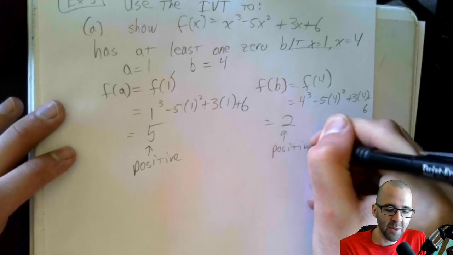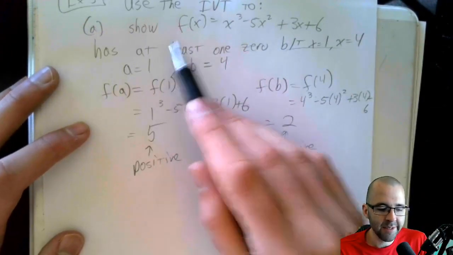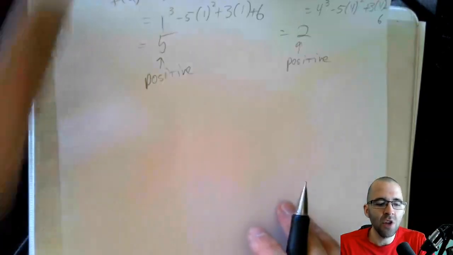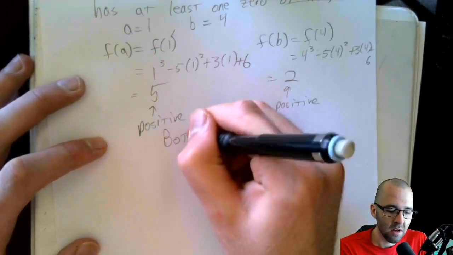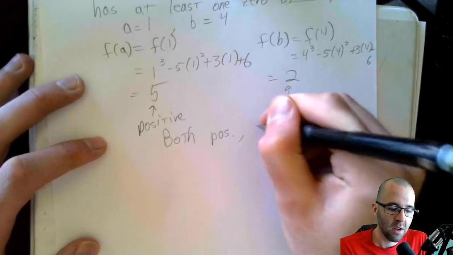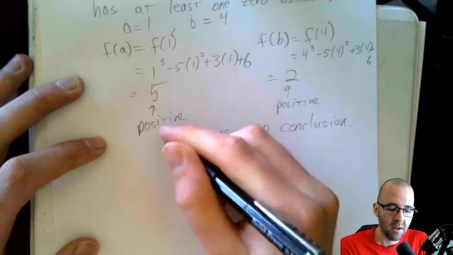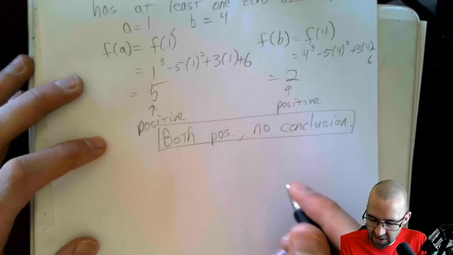They're both positive. We'll just change the problem. Trying to use the intermediate value theorem, they're both positive. There's no conclusion from the intermediate value theorem. No conclusion. All right. Curious what happened, but it's not that important.